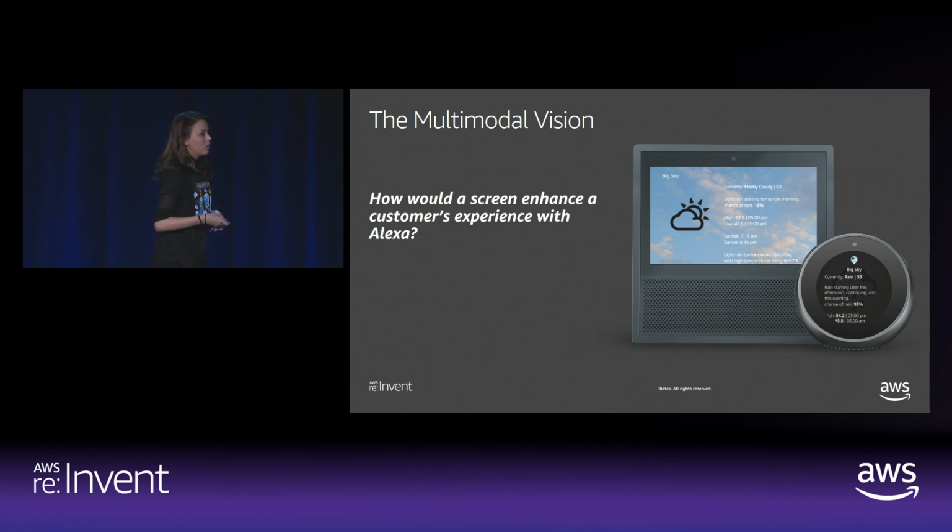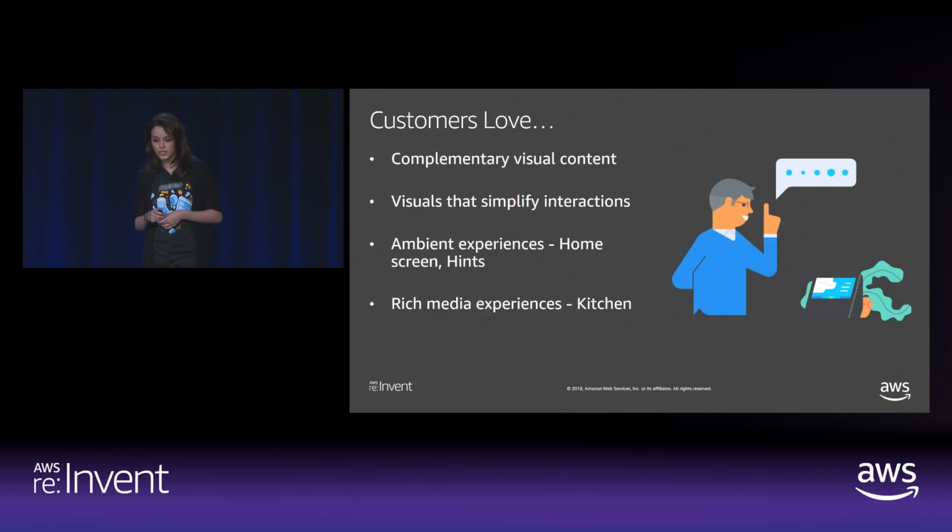Alexa was growing. We saw her starting to enter into new spaces. And we started to realize as well that our customers loved interacting with multimodal devices. So with skills, we knew that they wanted complementary visual content. Whatever Alexa said, the visual needed to complement that. We also saw that they simplified interactions. People knew how to interact with Alexa even deeper because they could see on the screen different things that they could say next.